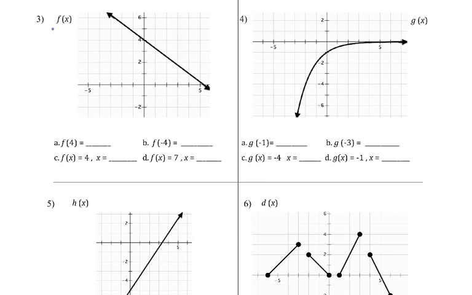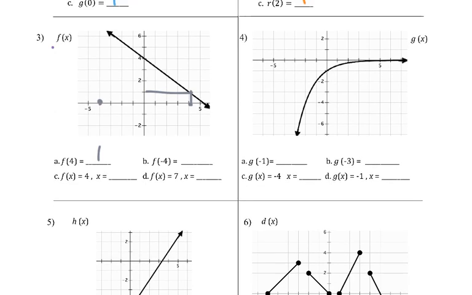Number 3, f of x. So f of 4, go to 4 on x, hit my y value of 1. F of negative 4. Well, at negative 4, I'd have to go off the page, wouldn't I? So let's keep going. F of x equals 4. Y value 4, it's my y-intercept, so x equals 0.